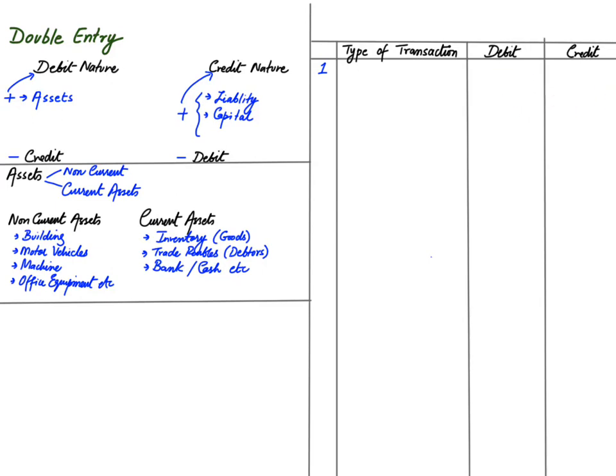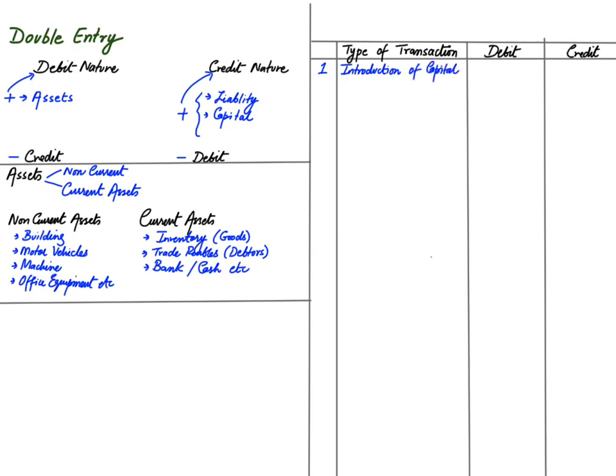Now we will see for each type of transaction which account should be debited and which account should be credited. Remember again, my dear students, debit does not mean a plus, credit does not mean a minus. Whenever an asset increases, it is always debited, and whenever a liability or capital increases, it is always credited, and vice versa when it decreases. Now first of all, there is a transaction: introduction of capital into the business.